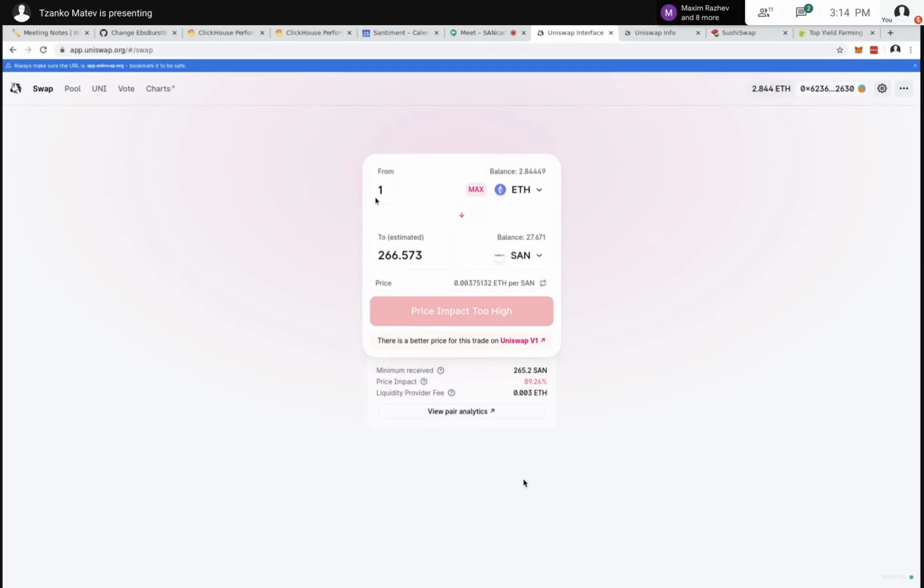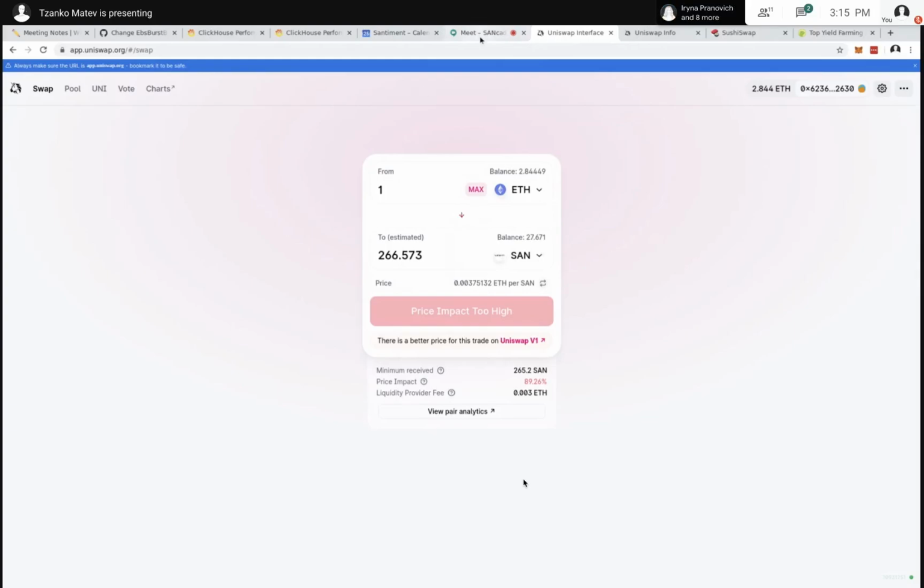This happens because the amount that I want to exchange is too big and the liquidity pool is very small. If you remember this hyperbola graph that Lyudmil showed, we are very far from the center of this graph in this situation. So the price changes very strongly. This is called slippage.